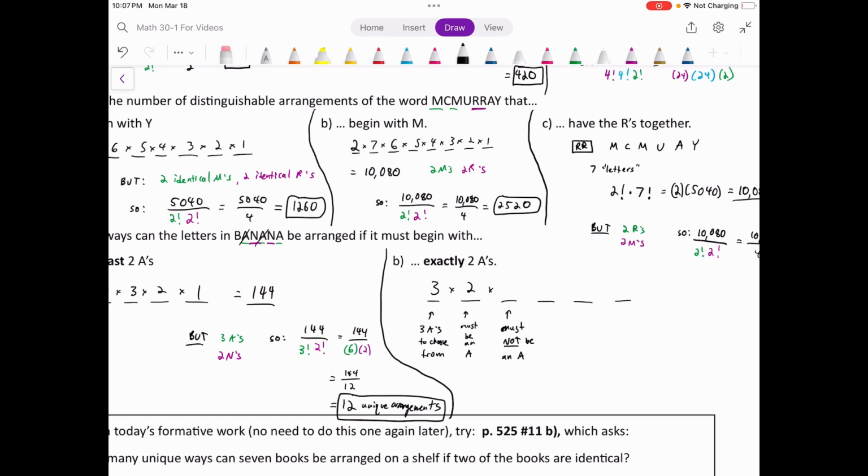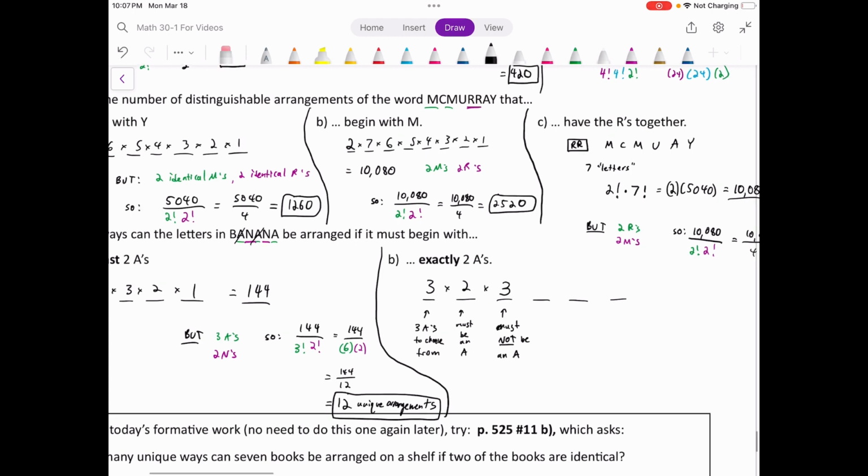What we have left available to us is a B, an N, and an A, but we're not allowed to use that A. So we actually only have 3 choices to put here. We can put the B, the N, or the N. So we've got 3 choices to put there.